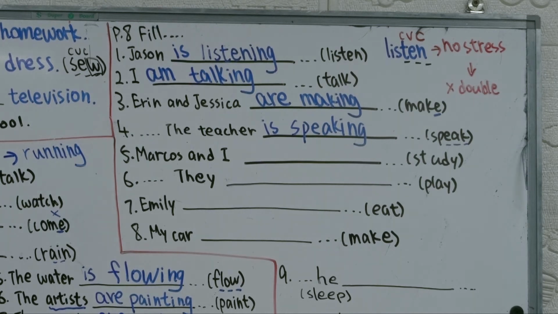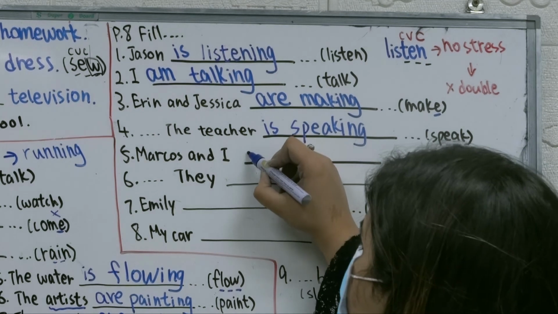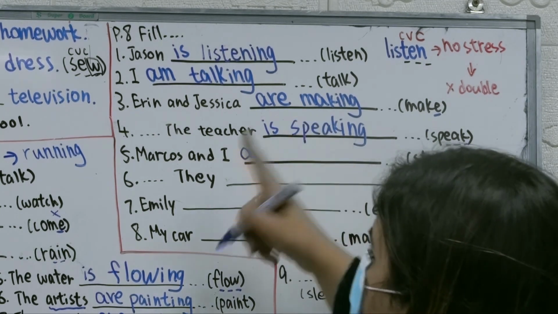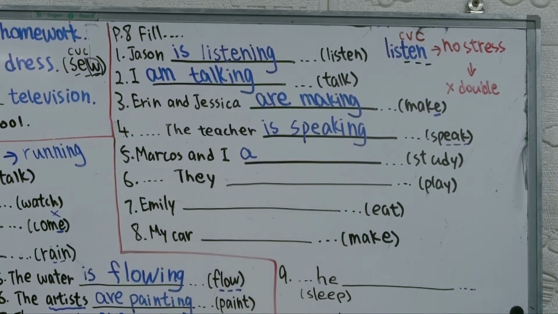Number 5. Marcus and I space English now. Marcus and I in front of you, 2 people. Again, do we use is, M or R? Do we use M here? What do you think?